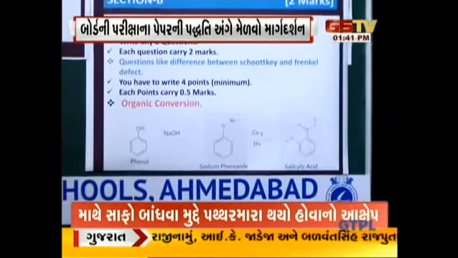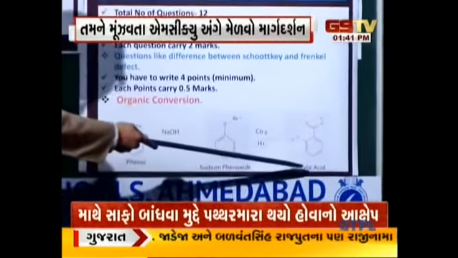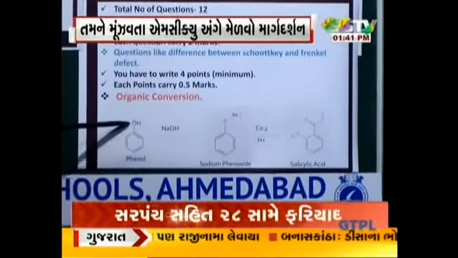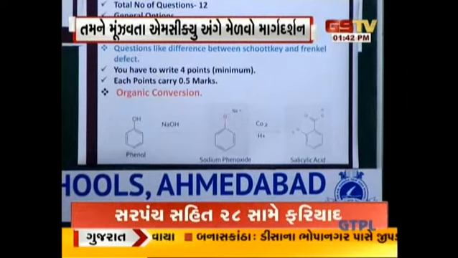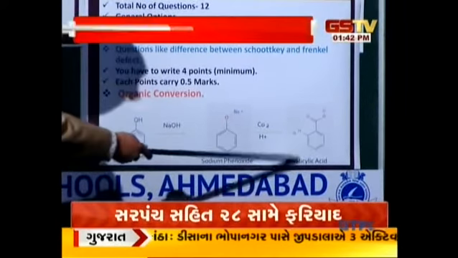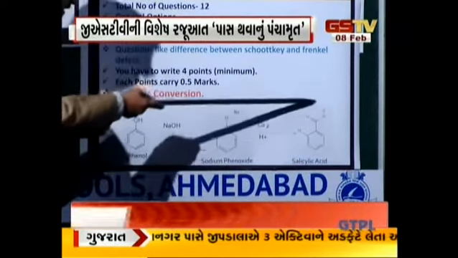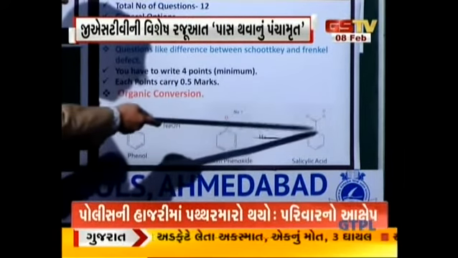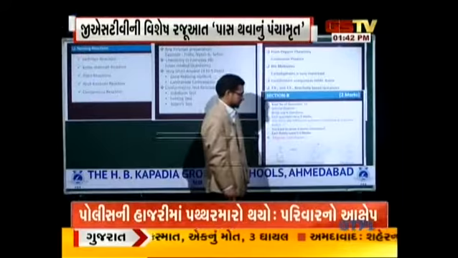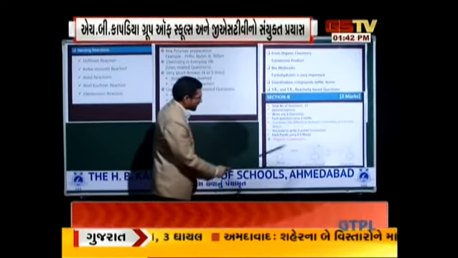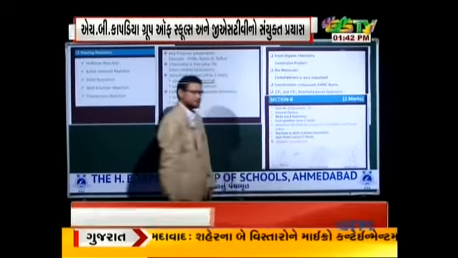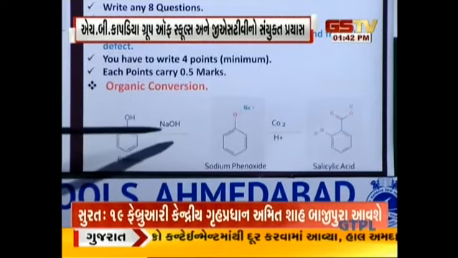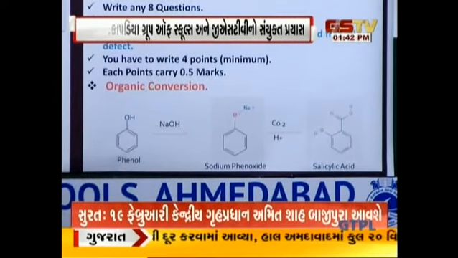Organic conversion we have is phenol to salicylic acid. So first of all, you have to write the phenol, and to convert to salicylic acid, you have to write the salicylic acid formula: benzene, OH, and COOH. So see, how can we convert phenol to salicylic acid? First, we will add phenol into NaOH solution.